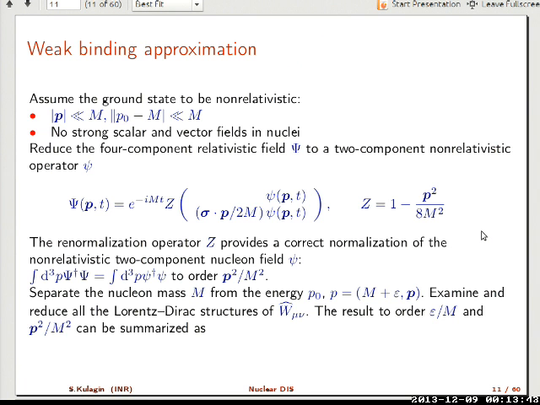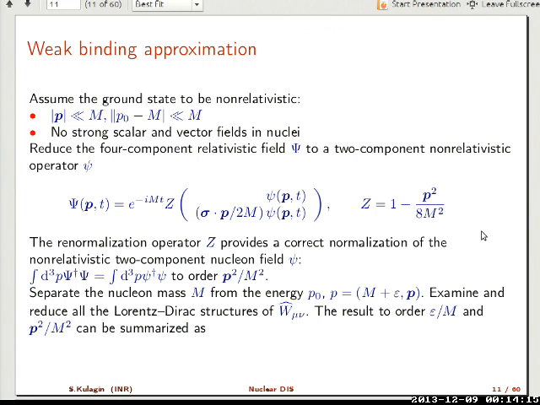So I can write the big psi four-component operator in terms of a non-relativistic two-component operator, and take care of the normalization of this operator. By doing this reduction, I have to make sure that the charge is conserved, so I have the same charge in relativistic and non-relativistic physics.